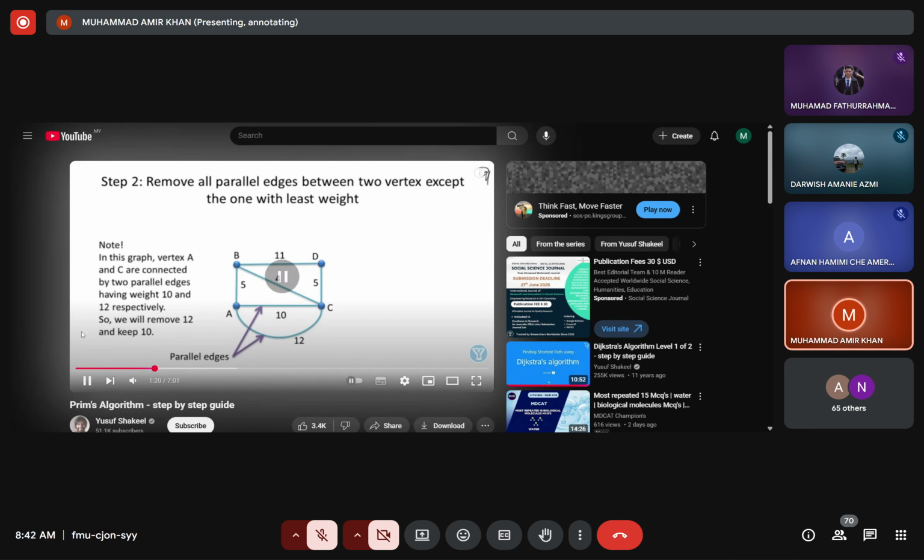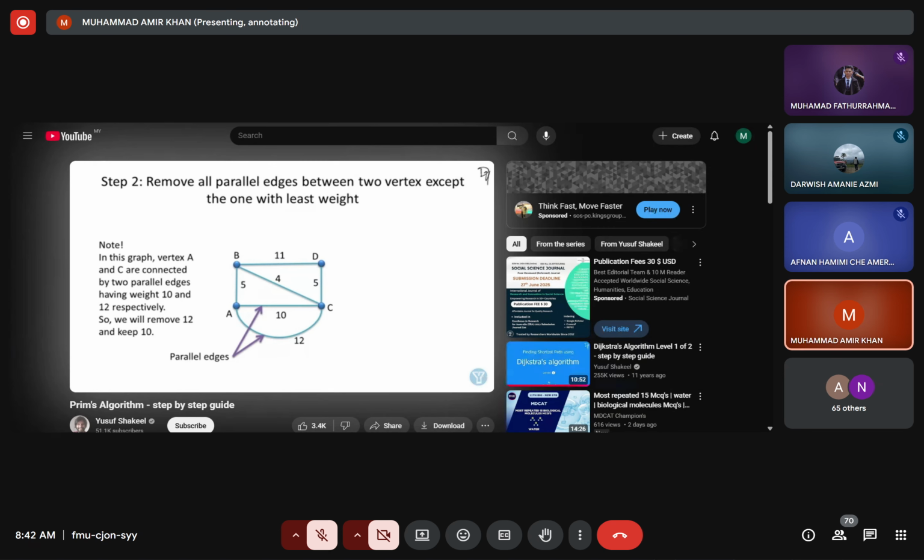As the note in this graph says, vertices A and C are connected by two parallel edges having weights 10 and 12 respectively, so we will remove 12 and keep 10. We have two steps: number one, remove the loops, and then remove the parallel edges.